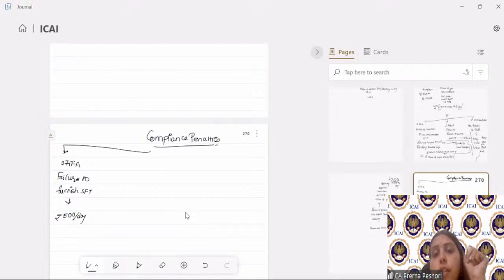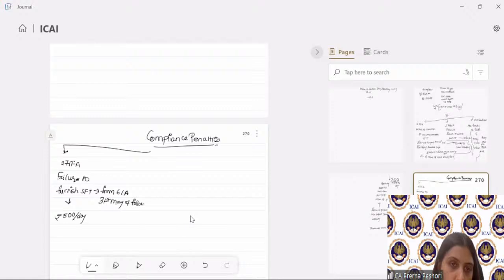And this statement of financial transaction, remember just one thing, has to be furnished in Form 61A. And this has to be furnished by 31st May immediately following the financial year in which the transaction is done.